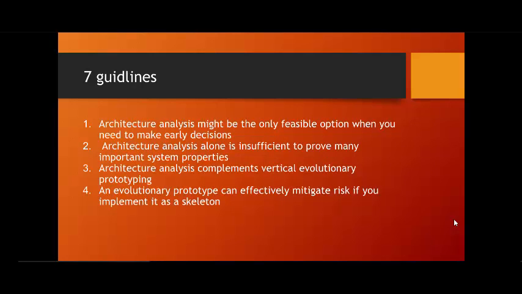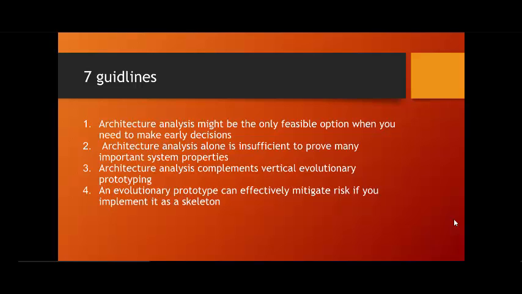There are 7 guidelines to use this model better. The first is that architecture analysis might be the only feasible option when you need to make early decisions. Second, architecture analysis alone is insufficient to prove many important system properties.